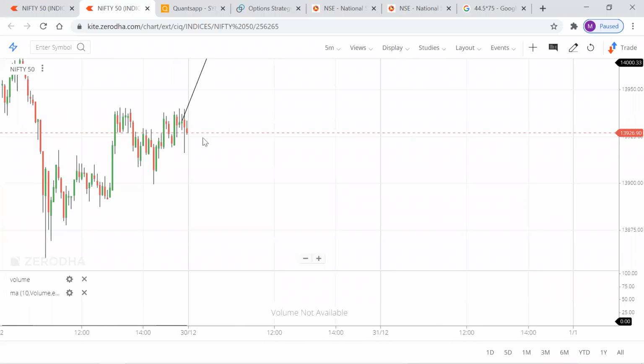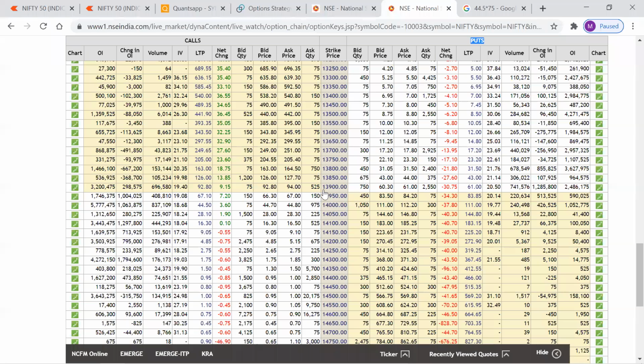So the strike price which is closer to 13,926 is at the money. Closer is nothing but 13,900 or 13,950. So this is at the money. And strikes which are closer to that strike are near the money.